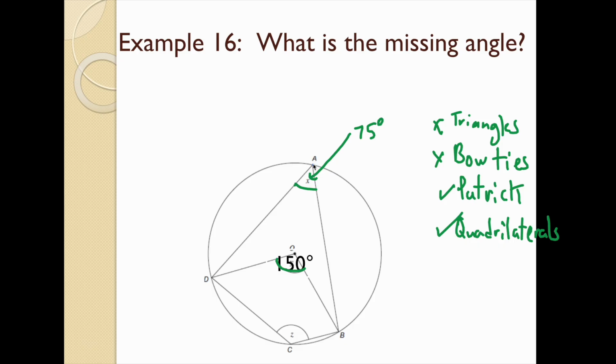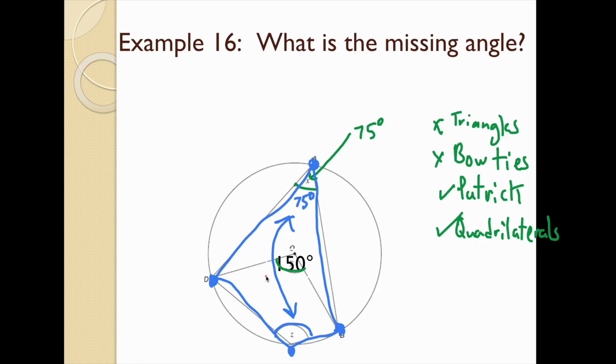The next part we have here is the cyclic quadrilateral. Notice here's a quadrilateral too, but it's not cyclic. We want this point to touch here. You see this point is touching here, so we have all four points touching the circle. With these four points, I know that opposite angles, so if this is 75 degrees, 75 plus this should give us what? 180, lovely.